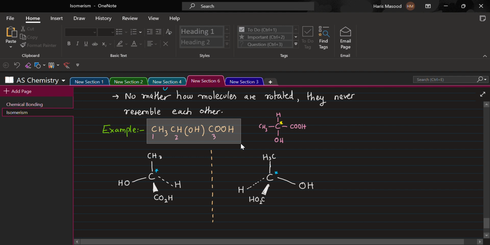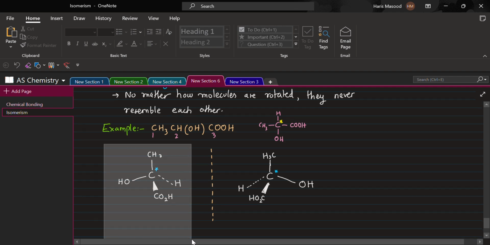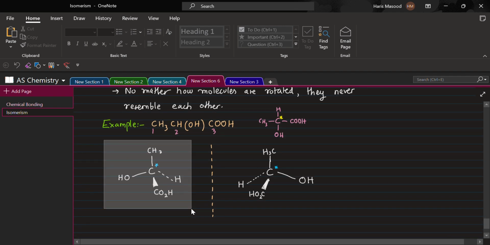We get a rough idea that this carbon will have four different groups attached to it. So if I see carbon number 2, it has hydrogen, OH, C double bond OH, and on one side it has CH3. So this is a chiral carbon. These are four different groups attached to it.